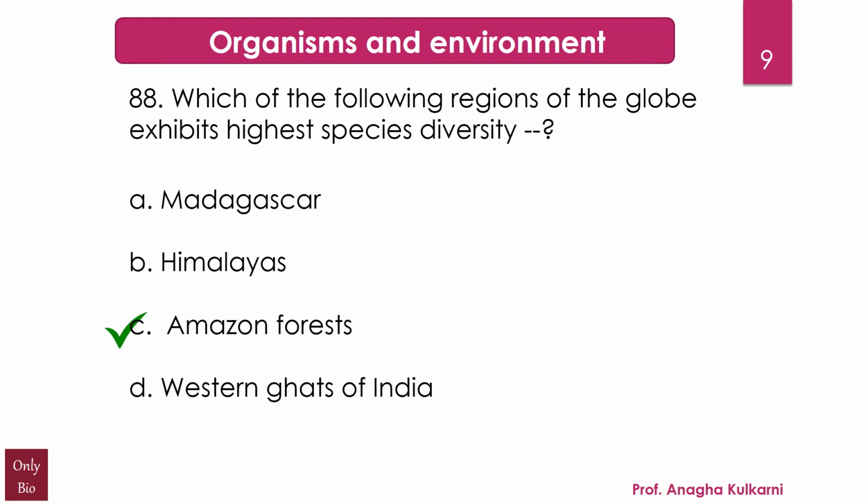First, it receives more solar energy. So, more the solar energy, it results into high productivity and high species diversity. Also, it has less seasonal variations. So, it has more or less constant environment, and this promotes the niche specialization and thus high species richness. Now, why is Amazon forest so important?